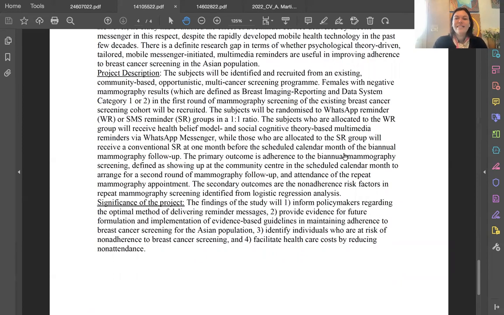Subjects, I hate that, will be identified and recruited from an existing community-based, opportunistic, multi-cancer screening program. Opportunistic in this sense, I've never seen that used as though people understand what it means in this context. But this is a different health system, so opportunistic may mean something different over there.